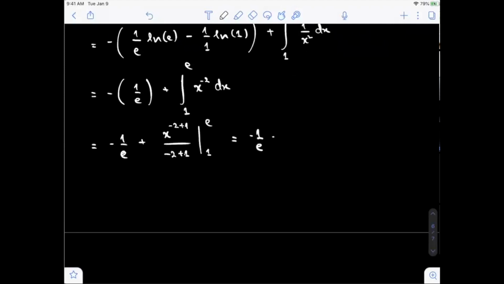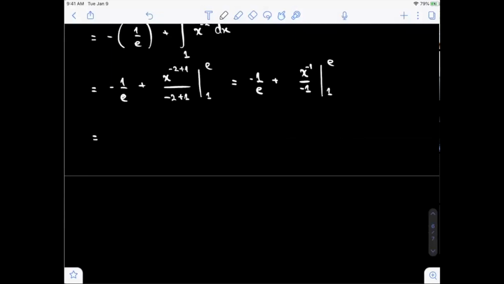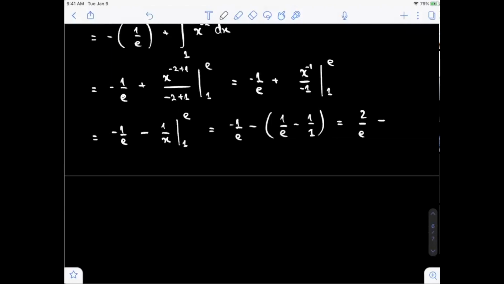Negative 1 over e plus, this is going to be x to the negative 1 over negative 1, or negative 1 over x, evaluated at 1 and e. Eventually, altogether you have 2 over e plus 1.